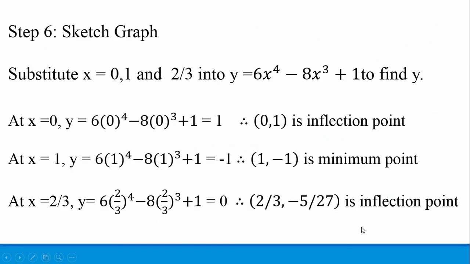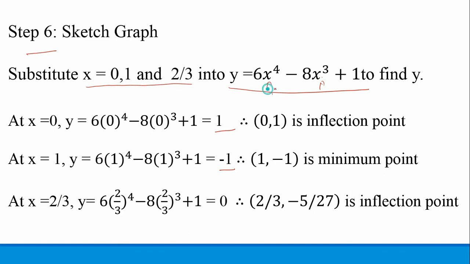Okay, next, to sketch the graph, I need to find the points. From x equal to 0, 1 and 2 over 3, I substitute into the function. First I substitute 0, it becomes 1. Then 1, it becomes negative 1.